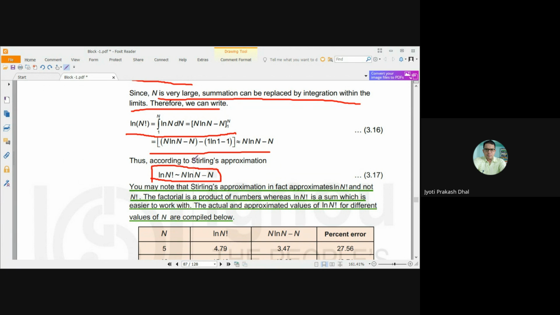The value becomes n ln n minus n minus (1 ln 1 minus 1), and finally you get the result n ln n minus n.